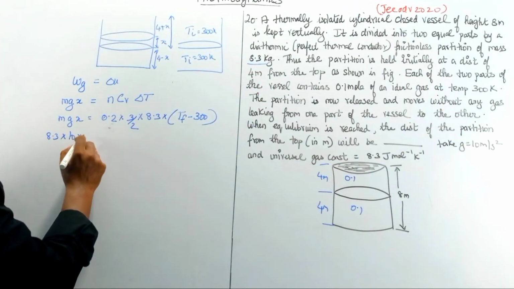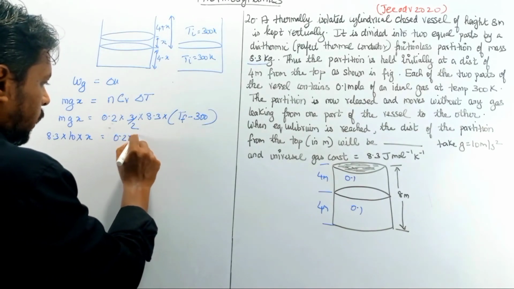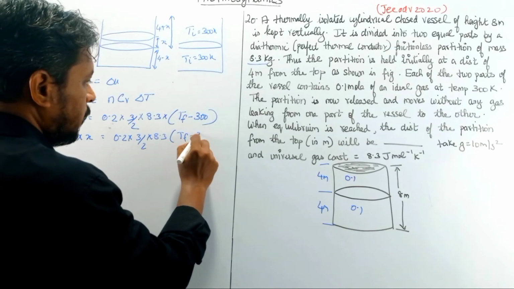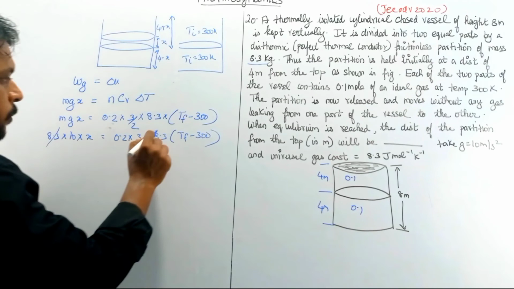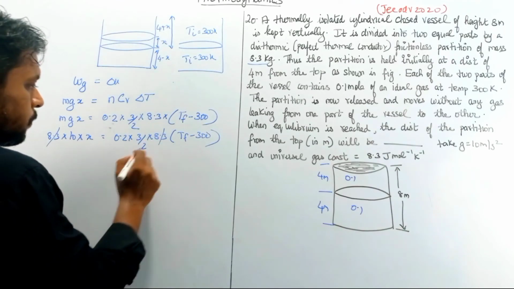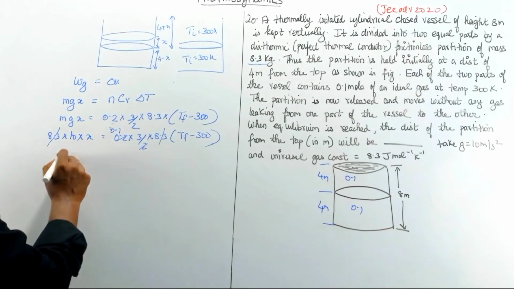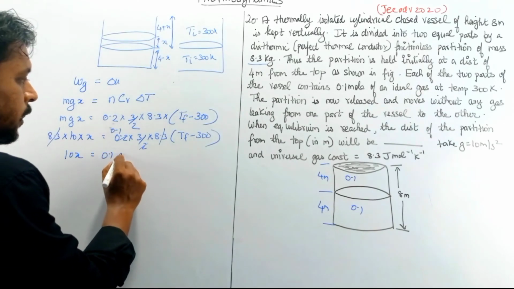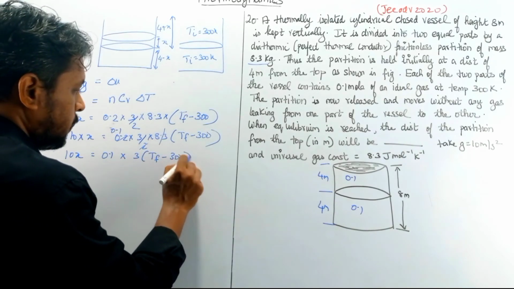So 10 times x equals 0.2 times 3/2 times 8.3 times (TF minus 300). The 8.3 gets cancelled, so 10x equals 0.1 times 3 times (TF minus 300).